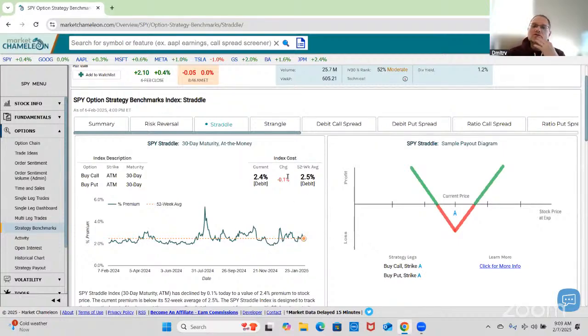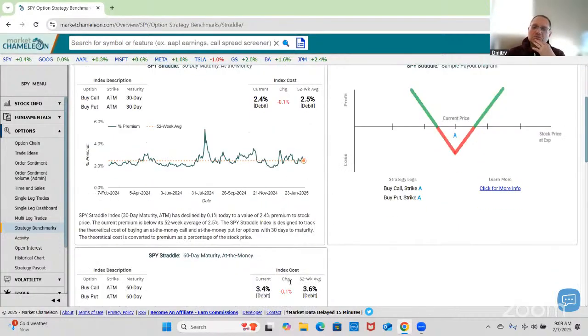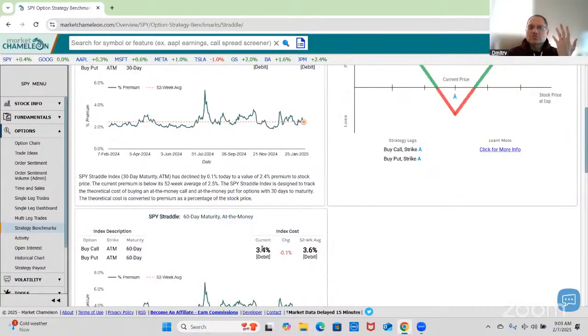And we could then go down the line and even look at it over time. So here in a 60-day maturity, we're also a little bit below the average, 3.4% versus 3.6. And this allows us to do a couple of things. Here we see that they're both below the historical average by nearly the same amount.